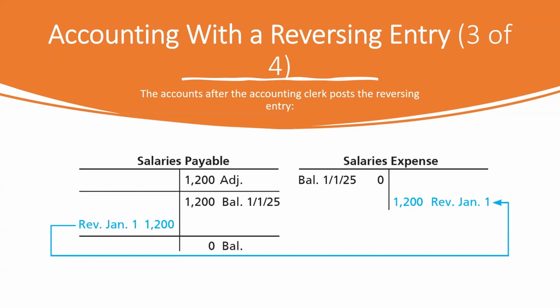The arrow between the T accounts shows the transfer of $1,200 from salaries payable to salaries expense. Now, this credit in salaries expense does not mean that the entry has a negative salaries expense, as you might think. Instead, the odd credit balance in the salaries expense account is merely a temporary result of the reversing entry.